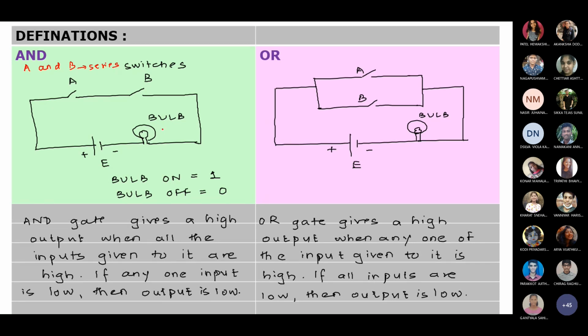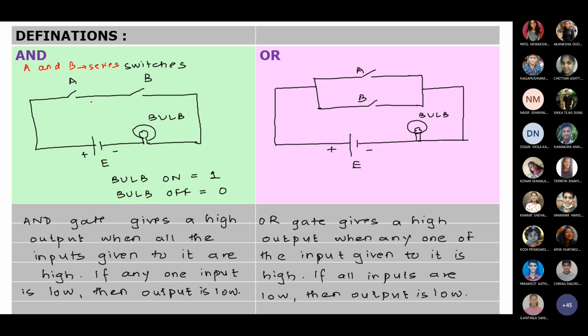Along with that, we have a bulb and a power supply E. Here you can visualize that when the switch is open, it is equivalent to binary 0, and when the switch is closed, meaning current is able to pass through it, it is equivalent to binary 1.